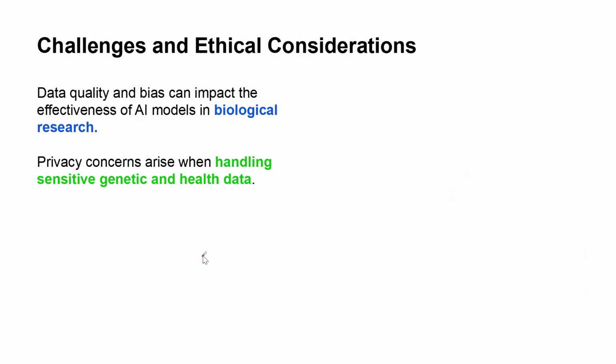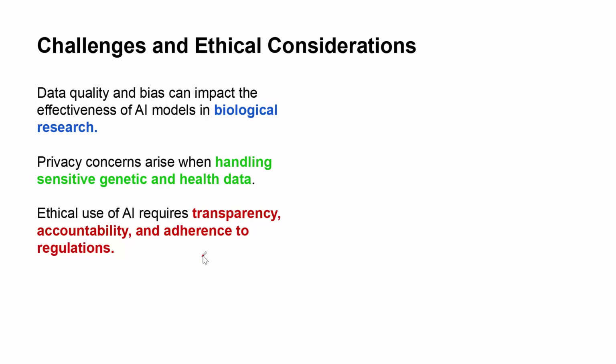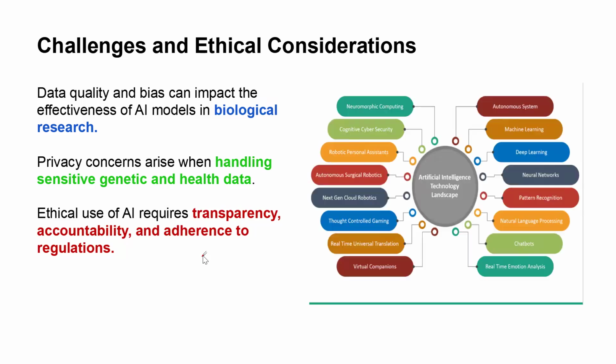Ethical use of AI requires transparency, accountability, and adherence to regulation. So whenever you are using AI, it requires transparency, accountability, and adherence to regulation.